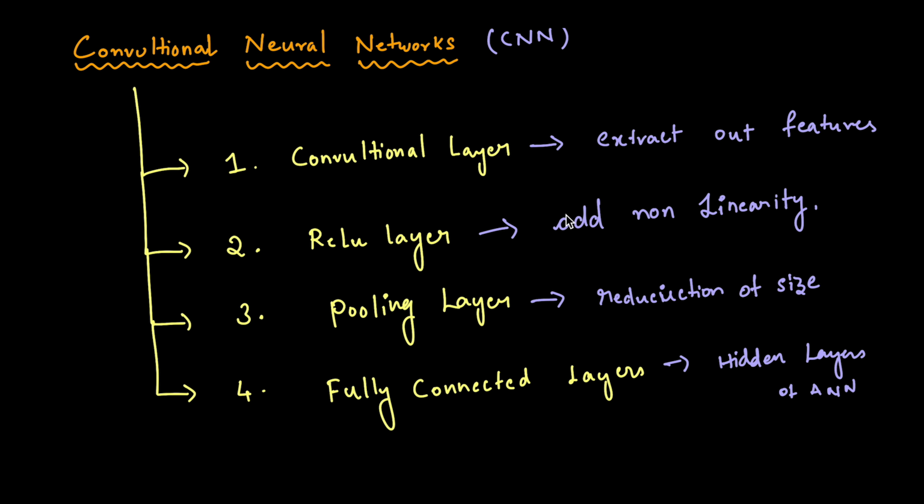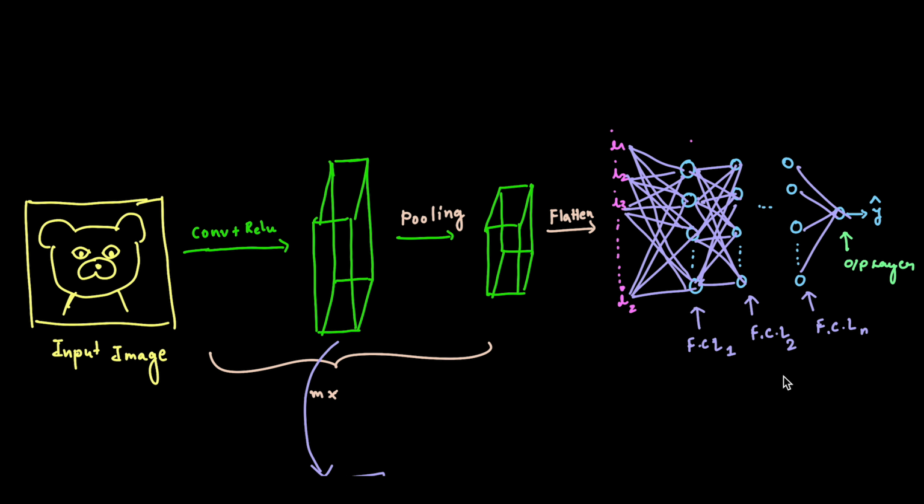And as I said, the convolutional layer will help us to extract features. And on the extracted features, there might be so much redundant information. That redundant information will be thrown out using the pooling layer, which will help us in reducing the size and representing all the important information. And then finally, we'll be having the fully connected layers, which are the same as hidden layers.